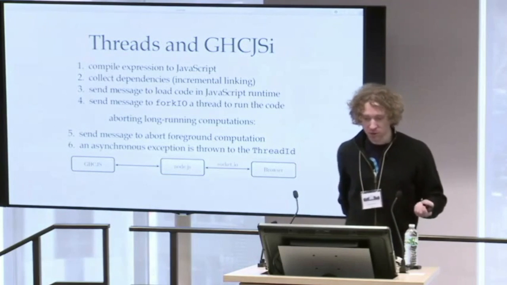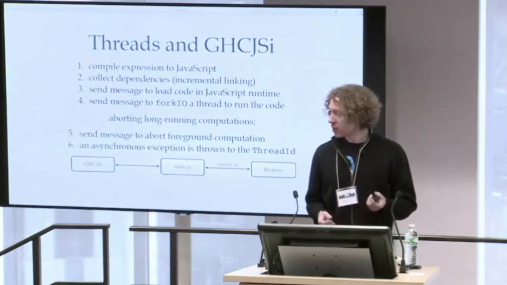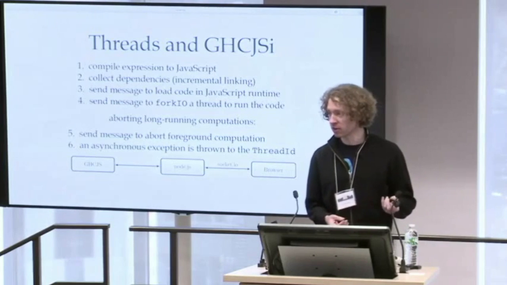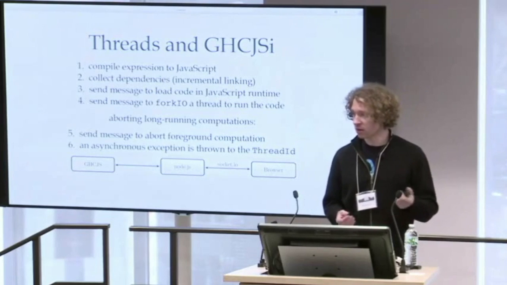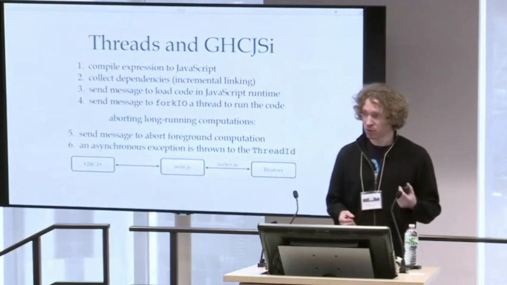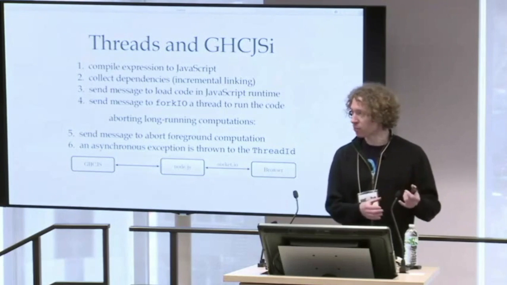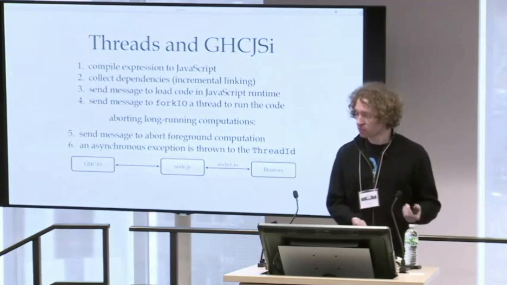But to get back to how GHCJSi works, first we compile the expression to JavaScript. Then we collect all the dependencies transitively of the expression. So there might be things in your GHCi session, but also things from other packages. GHCJS has the split object style linker, like I said. And it remembers what's already on the JavaScript runtime, so it figures out what dependencies your just entered, just compiled expression has, collects those, bundles them into a bigger JavaScript thing, and then it sends a message to load this code into the JavaScript runtime.